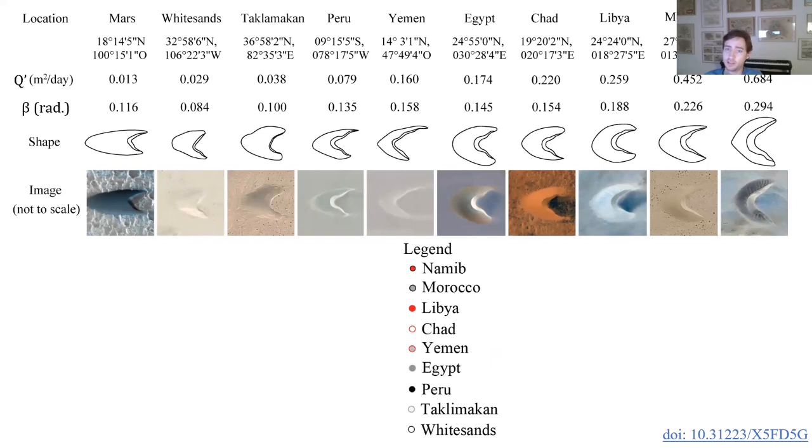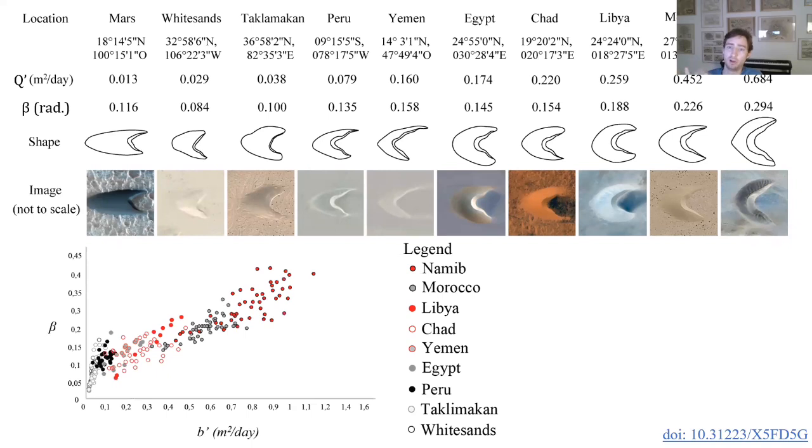Now, one really nice piece of validation is that wherever we go, whether it's Mars or any desert on Earth, we find that the volume flux is indeed correlated to the angle. As the wind goes up, the wind power increases. We know that the volume flux must increase, and as the volume flux increases, the windward angle increases.